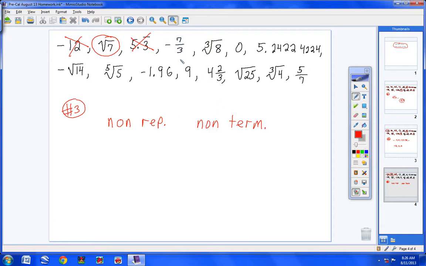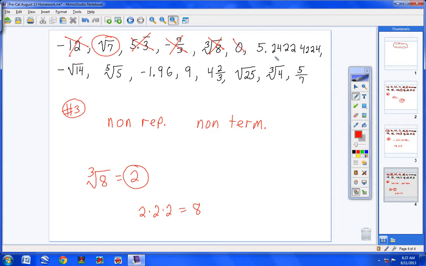If you typed in 7 divided by 3, you would get 2.333333. Now you see the cube root of 8 and you think it has to be irrational. Hold it. If you typed the cube root of 8 into your calculator, you would get 2, because 2 times 2 times 2 equals 8. So no, that is not irrational. It terminates.